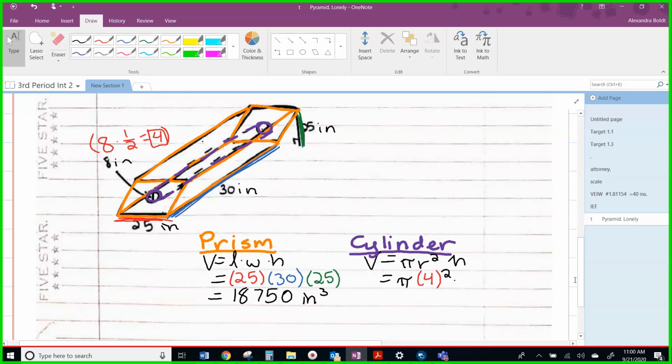So if we look here, we have our circle over here and our circle over here. And again, my height is going to be that distance that connects them. Okay, so that's the number I'm looking for, the height of this cylinder.